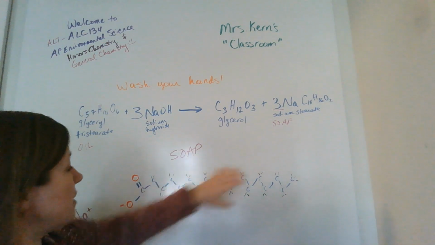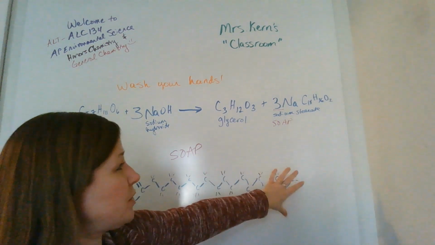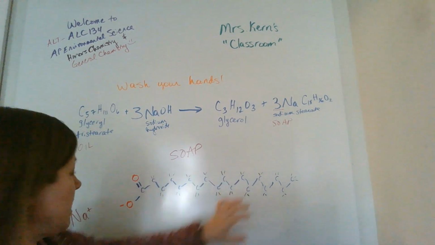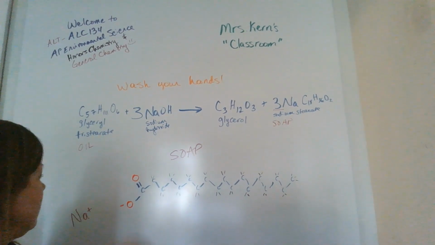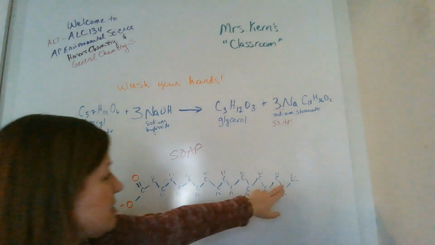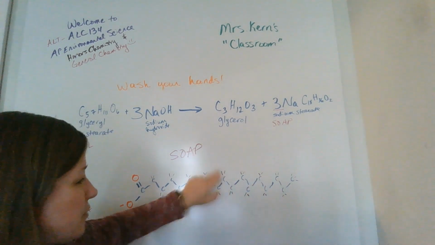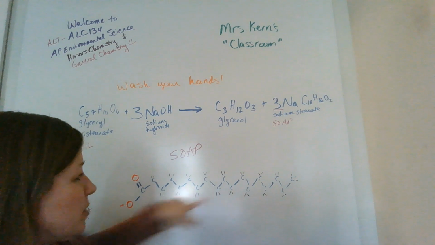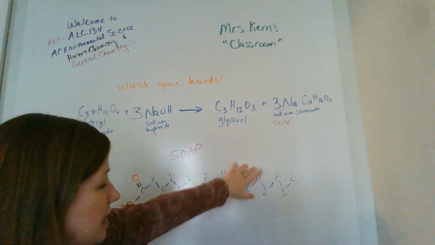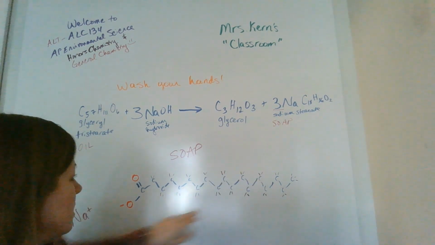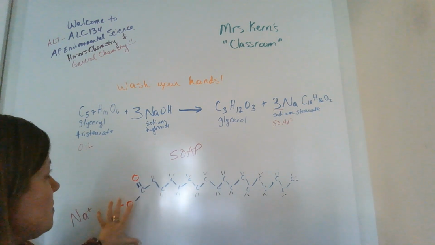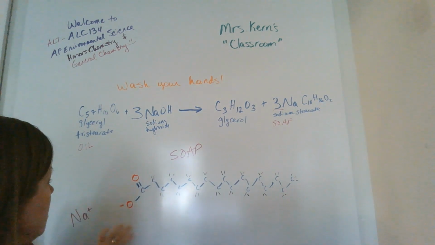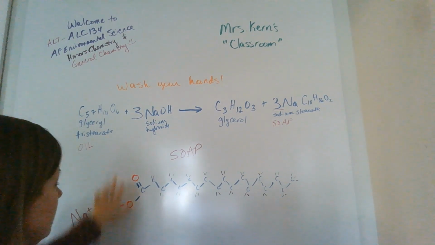So this is the soap molecule that we're going to form, sodium stearate. Can you see the sodium ion down there? There you go. So you'll notice it's got a really long chain of carbon atoms, single bonded, and these little black lines are hydrogen atoms attached. And at the end of this long chain, you've got this portion, which has 2 oxygen atoms.